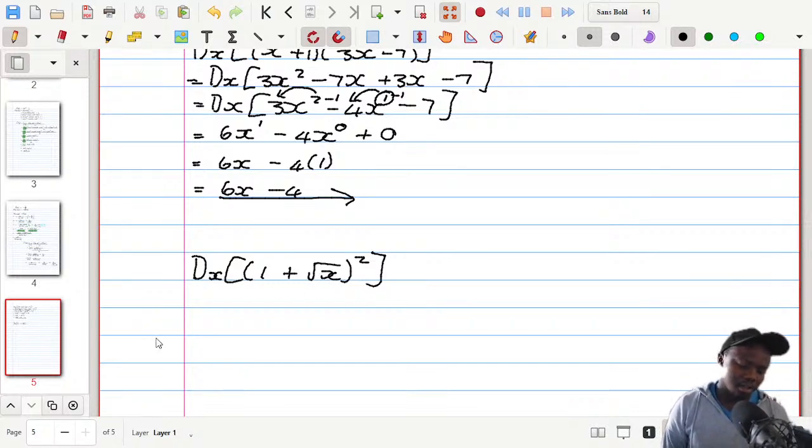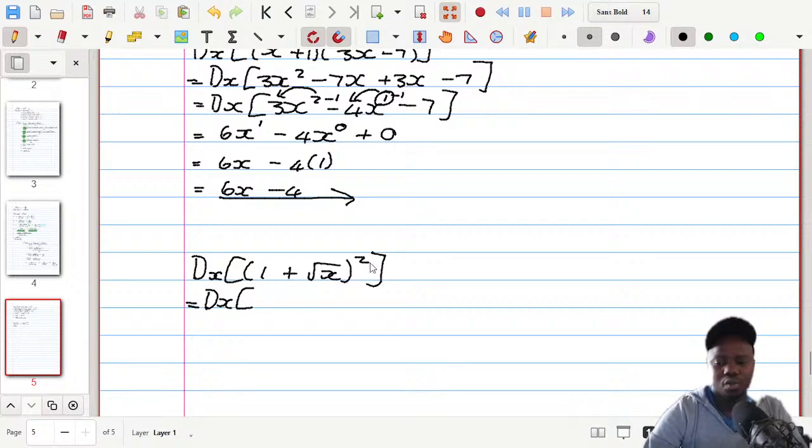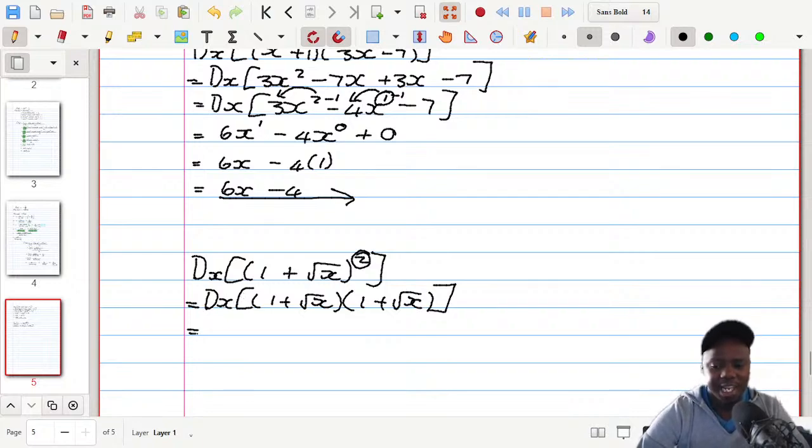Once again, just like in the previous example, I need to multiply out the brackets first. So I'm going to say dx into, the exponent of 2 means I need to have 2 of the same brackets, like that.